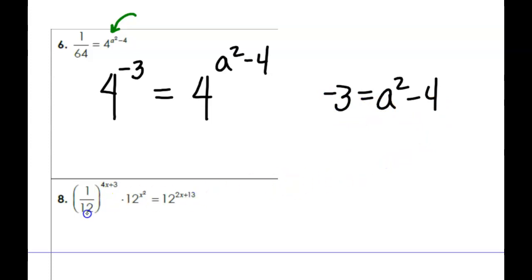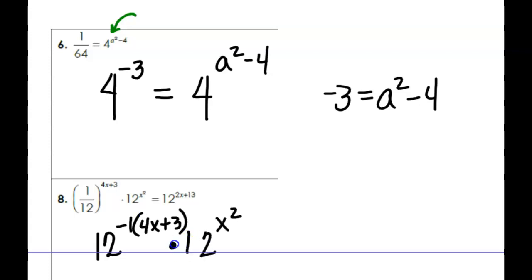Let's try to set this one up. What is this power of 12? That's 12 to the negative 1. But what am I going to do with that negative 1 and that 4x plus 3? Does anybody know? Yeah, I am going to distribute it, so I'm just going to leave it like that right now. And then I have a 12 to the x squared equals a 12 to the 2x plus 13.